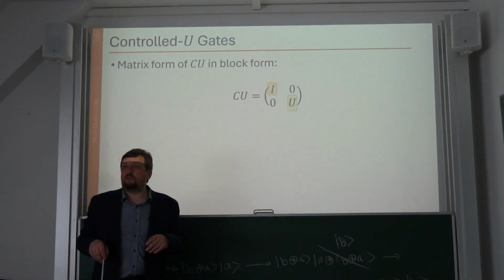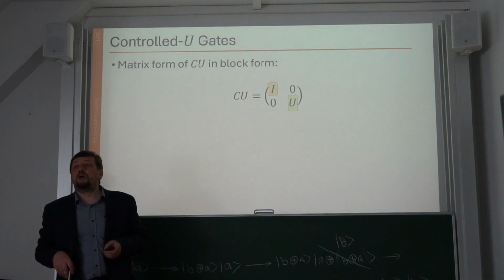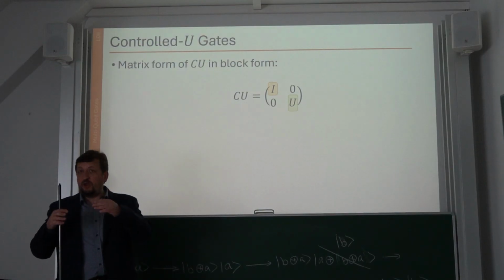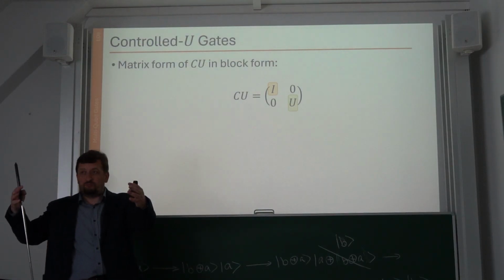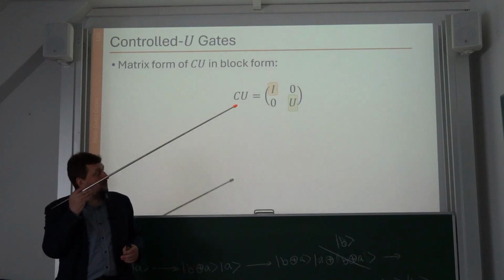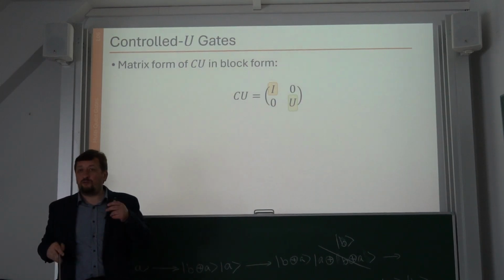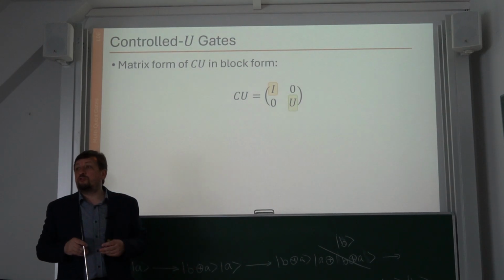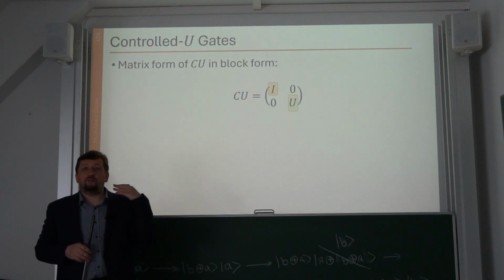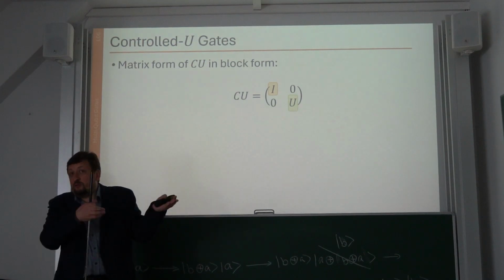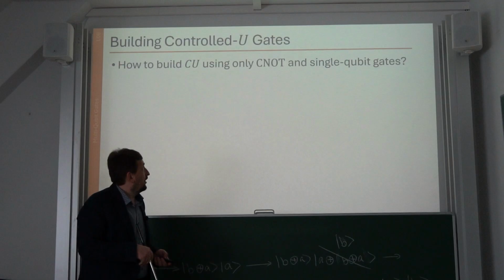And actually this also works even if this U gate is not a single qubit gate, but say a gate that acts on several qubits. Such control gates are very convenient to simulate because we have the matrix form.